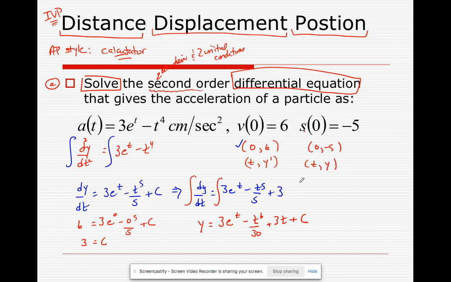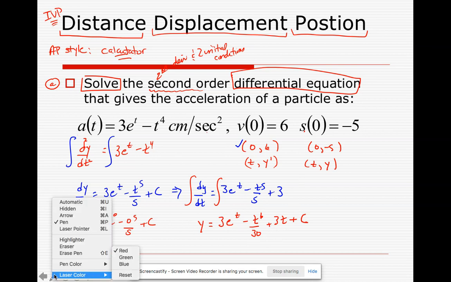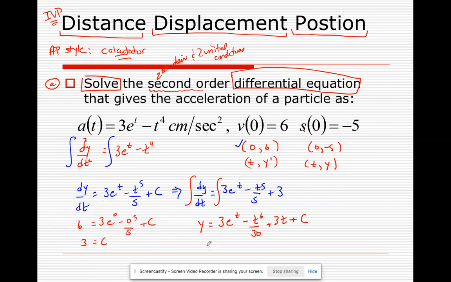Position equations are often called S. I don't know why. Plug in. Again, don't forget, e to the 0 is not a 0. So I have 3 plus c is equal to -5, so c is equal to -8.